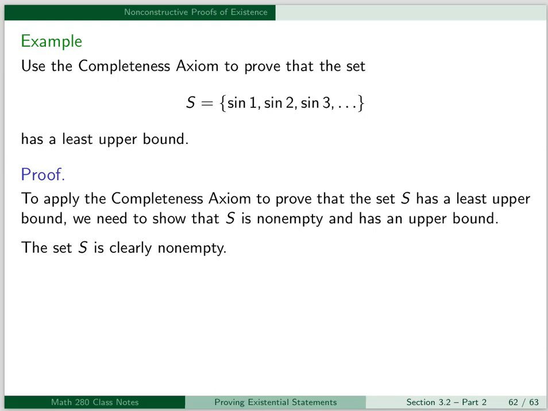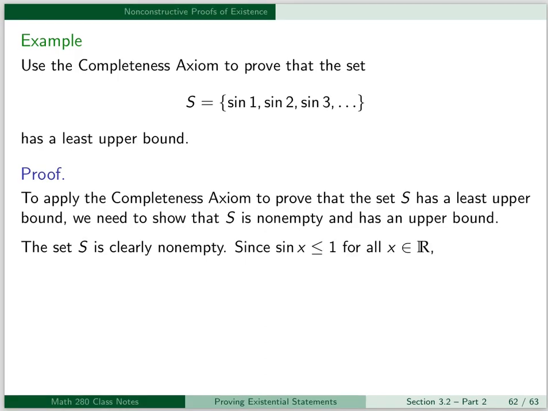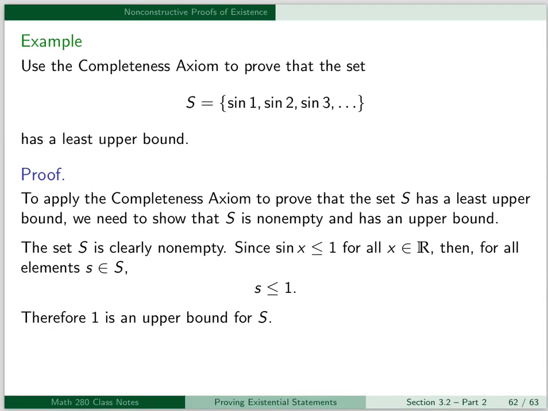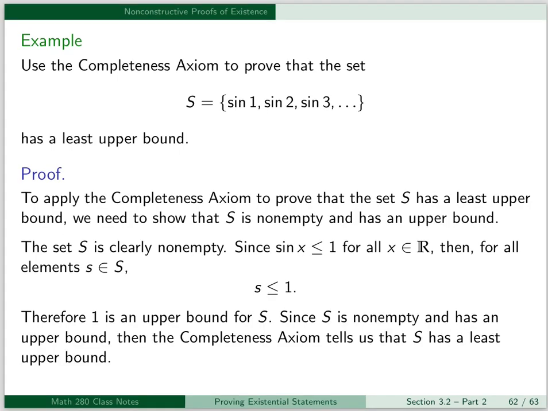We can see that it contains elements. And since sine of x is less than or equal to 1 for all x in R, then for all elements s in S, s is less than or equal to 1. So every element in S has the form sine of x for some x. So this tells us that 1 is an upper bound for S. So now since S is non-empty and has an upper bound, the completeness axiom tells us that S has a least upper bound. And that proves what we want.